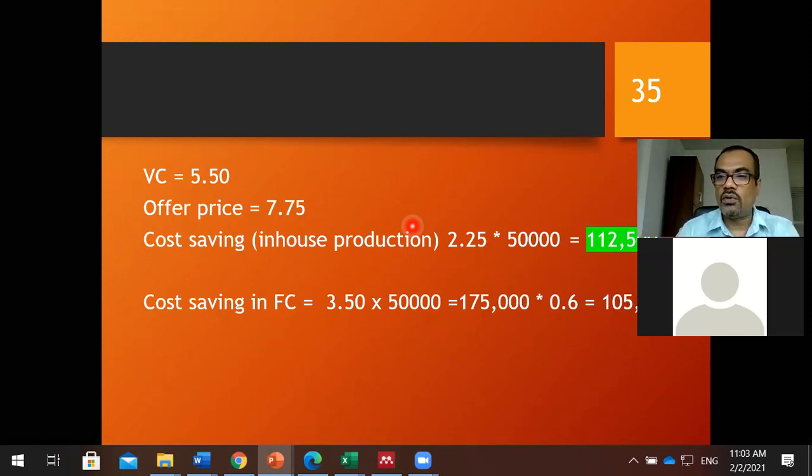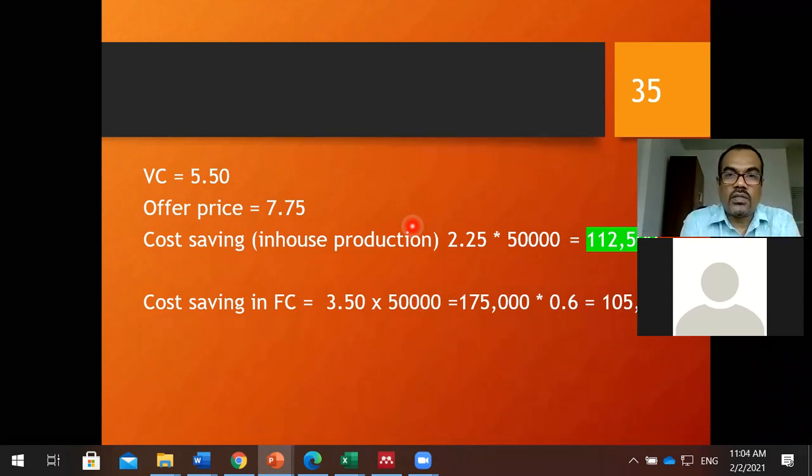Rule of thumb, as I told you, step number one is to determine whether it is financially feasible. Financial feasibility in short-term or CVP analysis is measured in terms of net cost saving. Net cost saving deals with the marginal cost, variable costing.